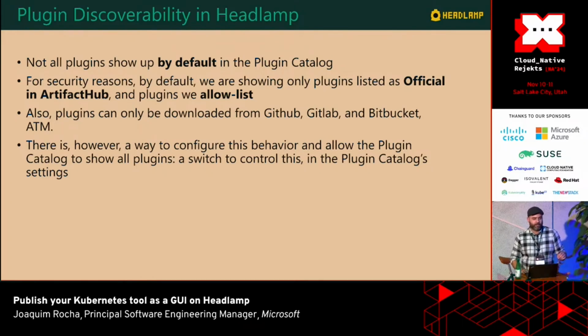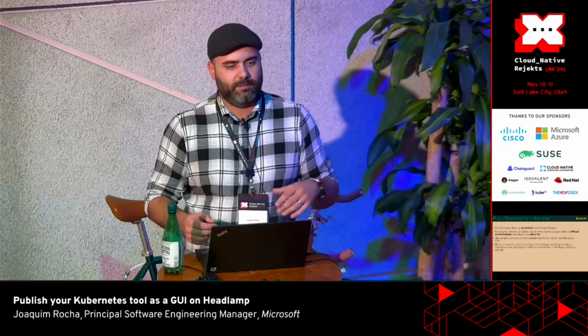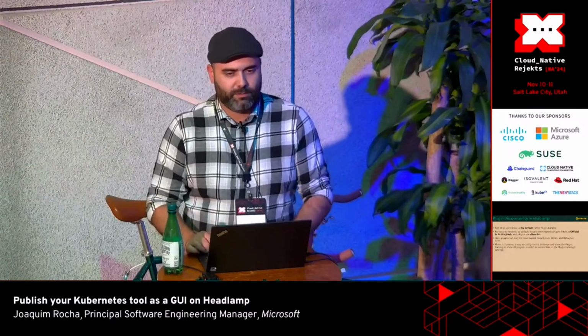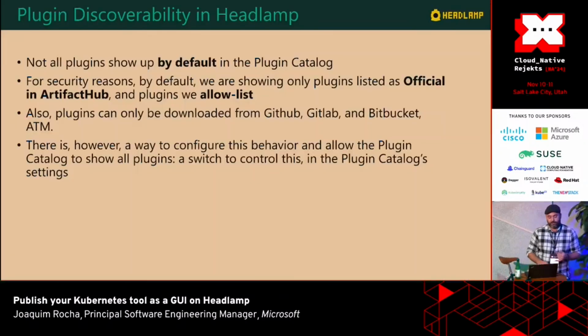The process for being marked as official, if I remember correctly, is you have to open a ticket with ArtifactHub and say, "Hey, I'm the owner of this project, the person or company behind this project." So if you don't own a certain project, you cannot claim it to be official. The other way, because we worked on plugins like OpenCost and stuff, is to be in our allow list.